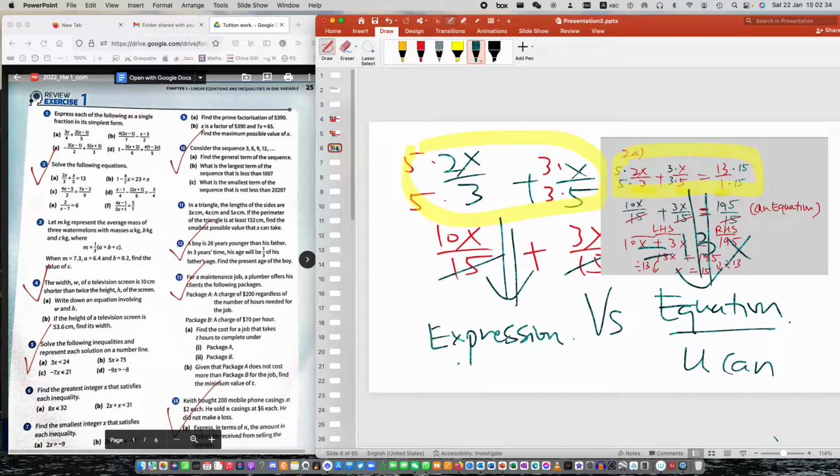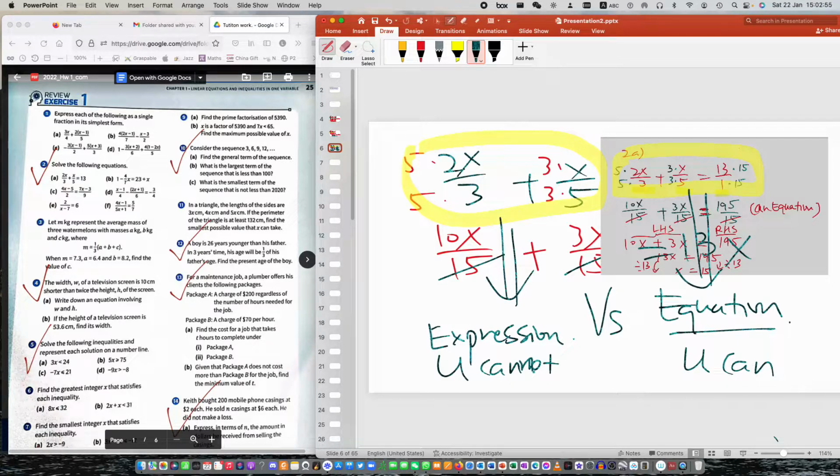But when you have an expression, you cannot. So for an expression, you cannot delete the denominator, just like the technique just now. So when you have an equation, you can.